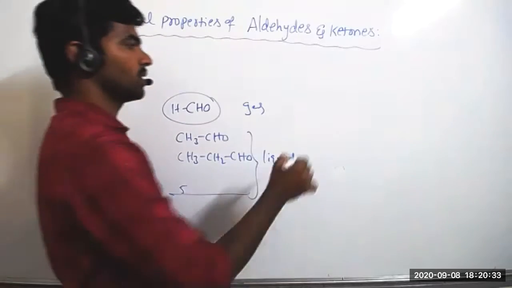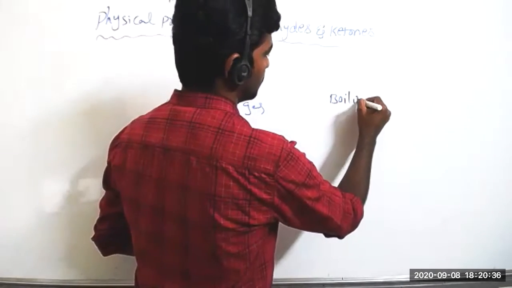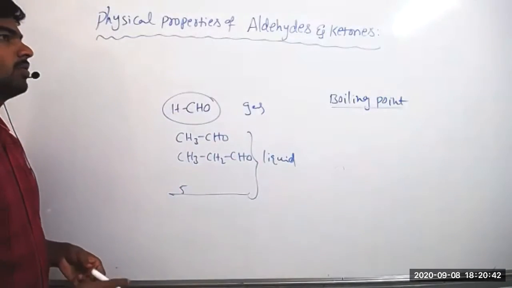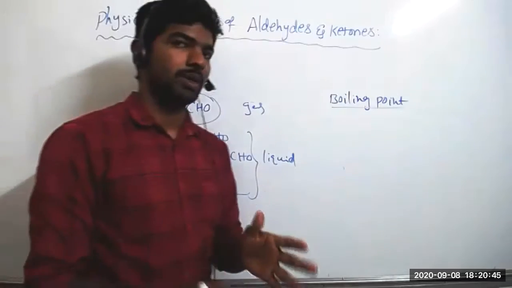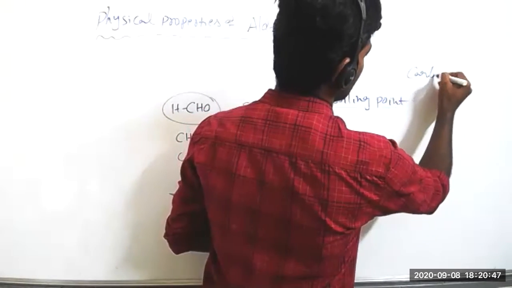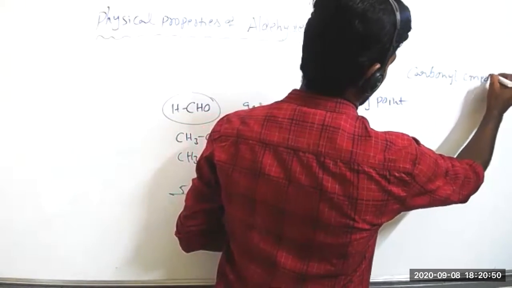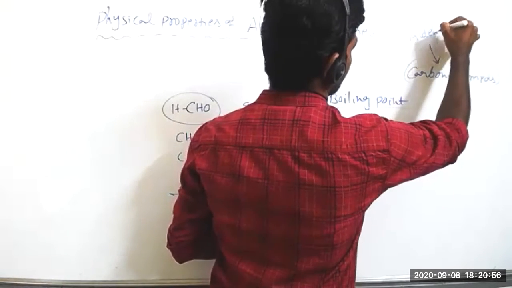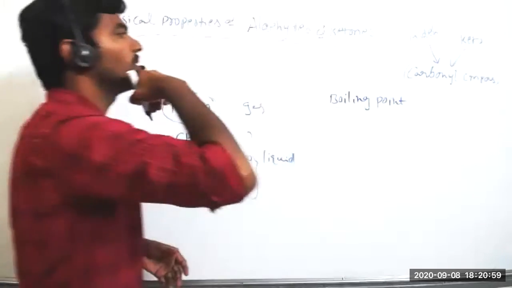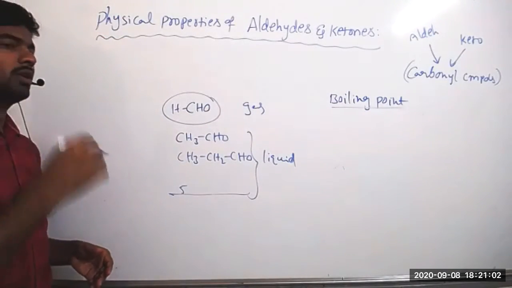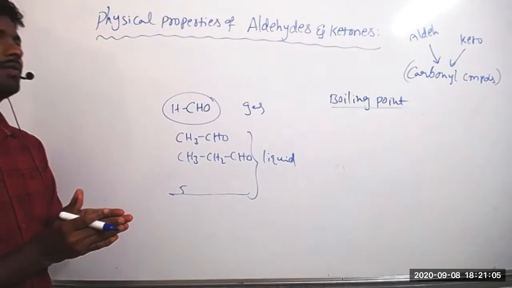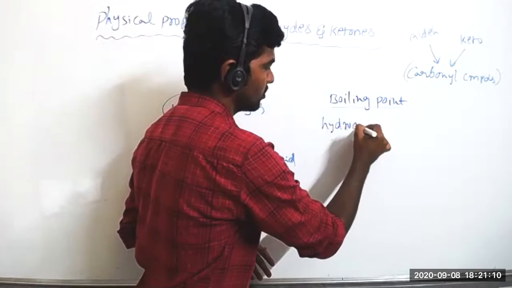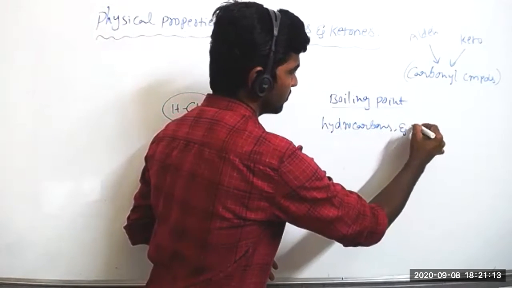Okay, next see about boiling point. So the boiling point of carbonyl compounds, here I'm including aldehydes and ketones both. The boiling points of carbonyl compounds are higher compared with simple hydrocarbons and ethers of comparable molecular mass.